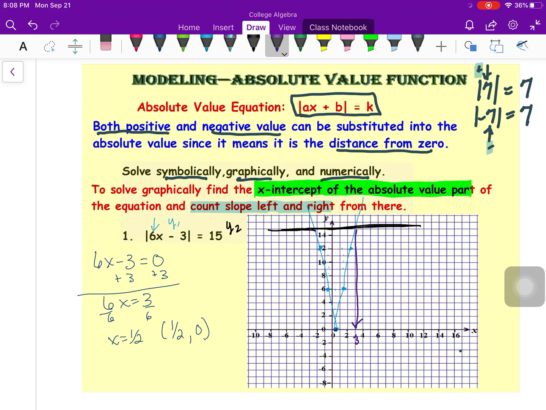And I get -2. So I get -2 union 3. Because it is equal, I just have the one value on each side.